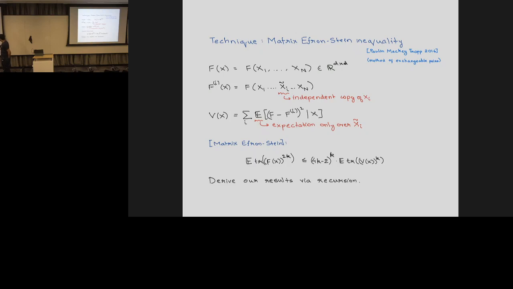What the inequality does is try to understand this function f by understanding how it responds to local changes. So if I look at f versus this f superscript i, where f superscript i is exactly the same as f, but I've resampled the ith input. I've just put in an independent copy.